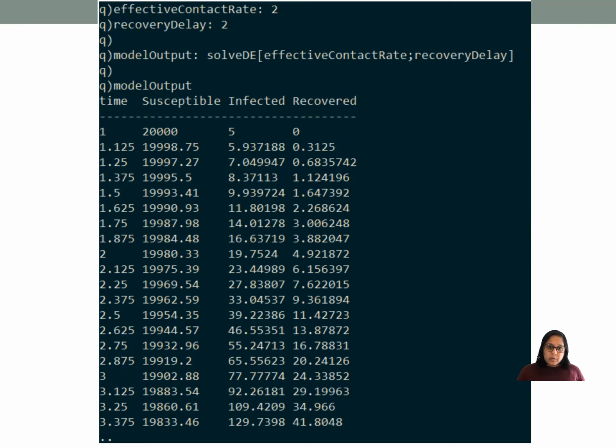And on day 3, fewer people are susceptible, about 78 people are infected, and 24 have recovered. And you go through this day by day until your susceptible numbers go down to 0, your recovered goes to the number that you started with, and there are no more infected individuals.